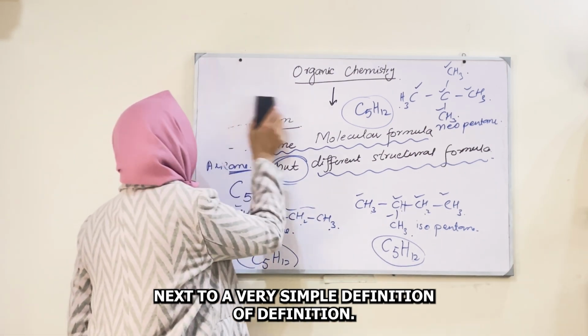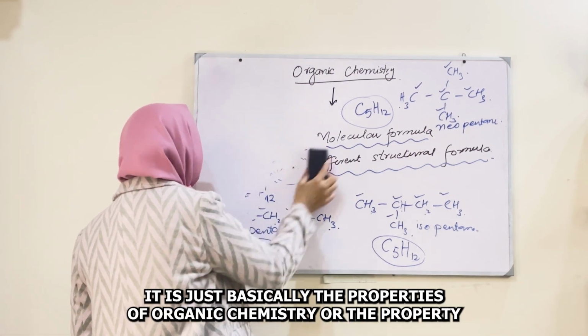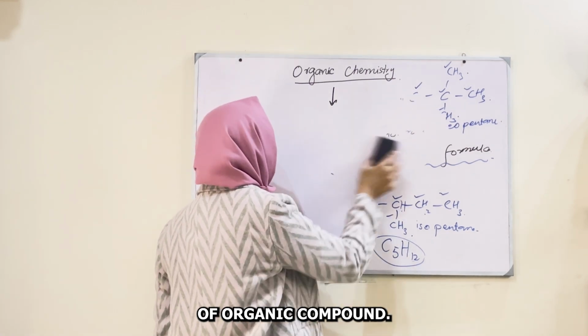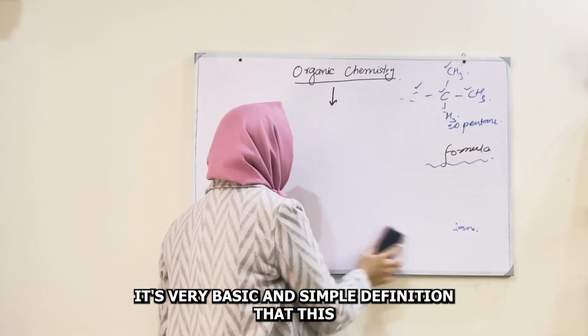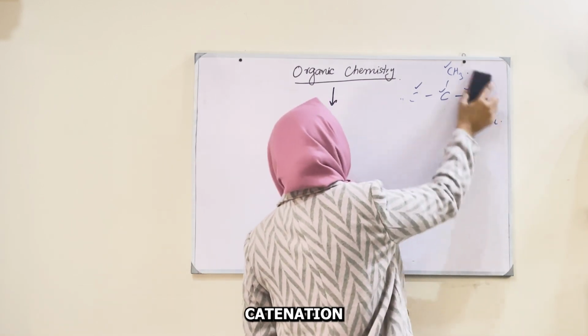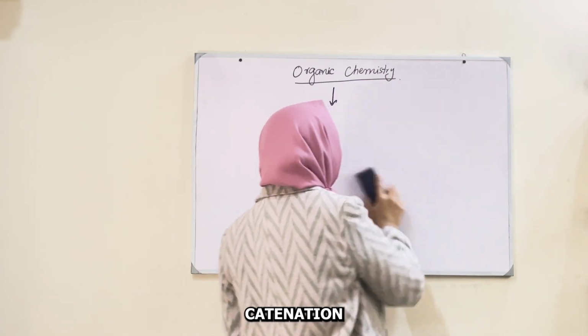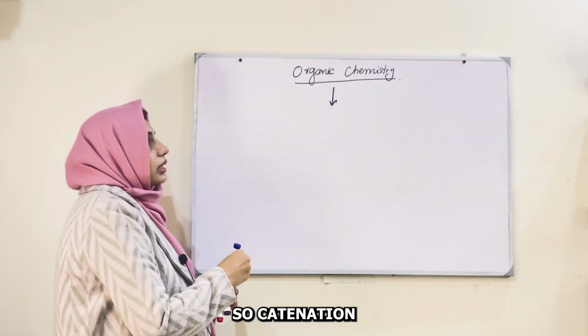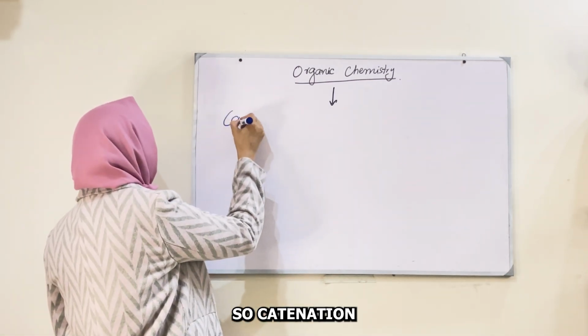Next, a very simple definition of catenation. It is basically a property of organic compounds. It's a very basic and simple definition. So, catenation.